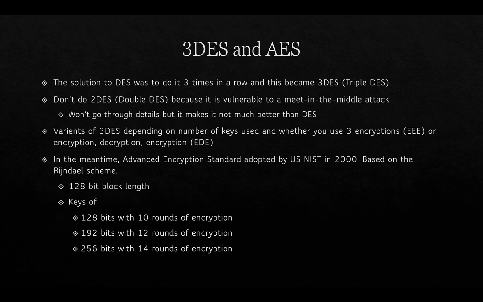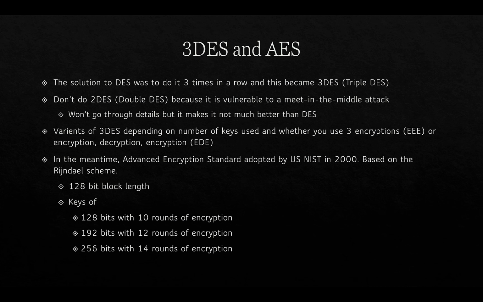However, DES had been tarnished, and even triple DES was a problem, and so a new standard was adopted. NIST, the National Institute of Standards and Technology, ran a competition in 2000 to get a new encryption standard, and adopted the AES standard, which is based on an encryption scheme called the Rijndael scheme.